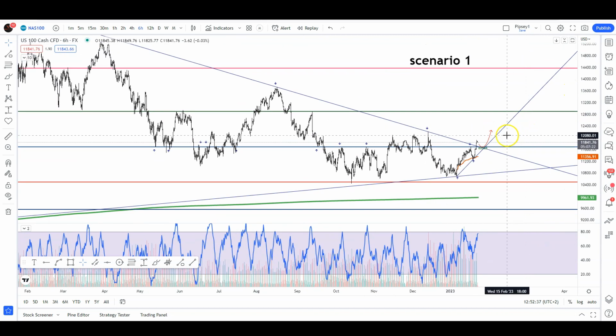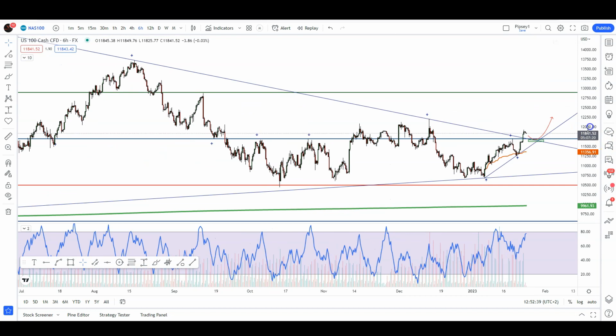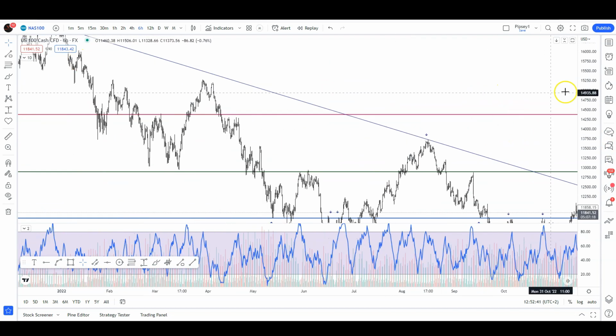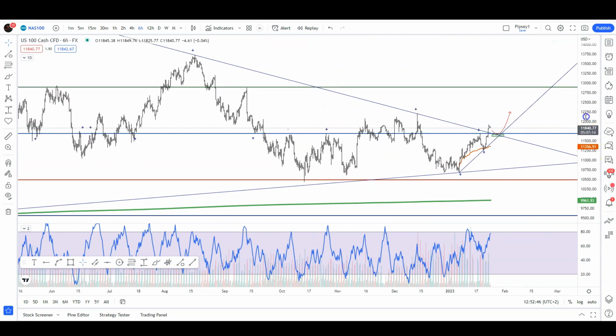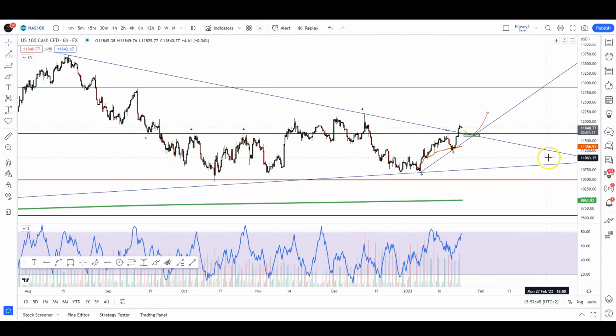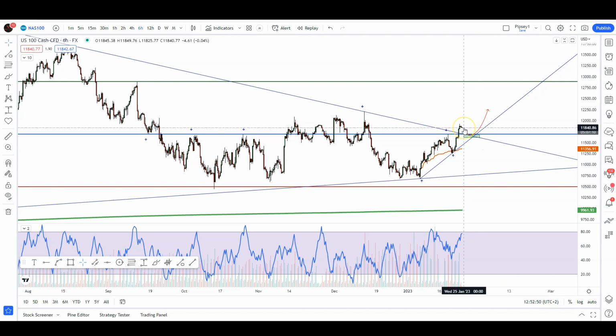The reason I say that is because this area is a very obvious area to sell from, right? What if this is a push above? Because right now the rumor is the Fed is going to hike 0.25% next week, is it the 1st or 2nd of February, right? So that's what the market is anticipating. So that's why we're having this bullish run.